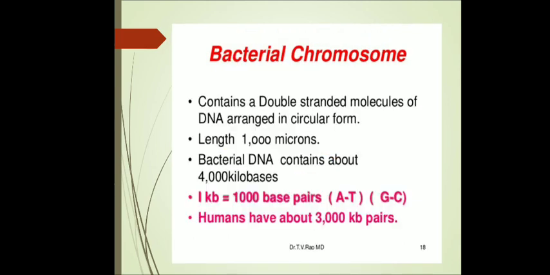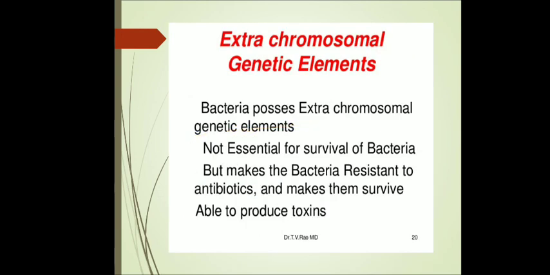So this was all about the chromosomal part of the bacterial cell, which includes nucleic acids like RNA and DNA. The next important part is extra-chromosomal genetic material.